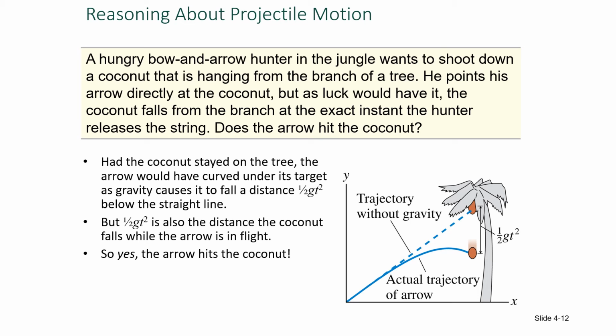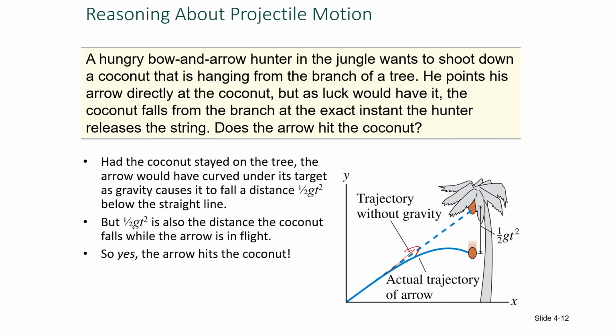That's assuming that you shoot the arrow at that object, because if you do it at the instant that you release, that arrow will end up also falling the same amount that the coconut, or any kind of thing that's falling, falls.